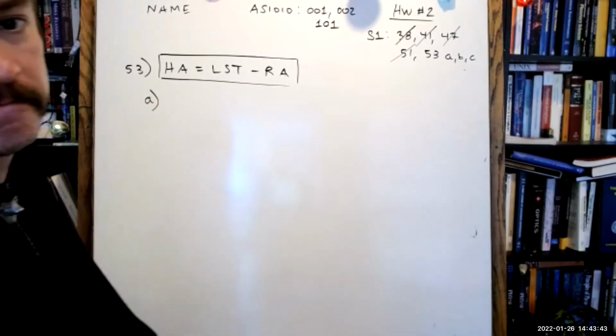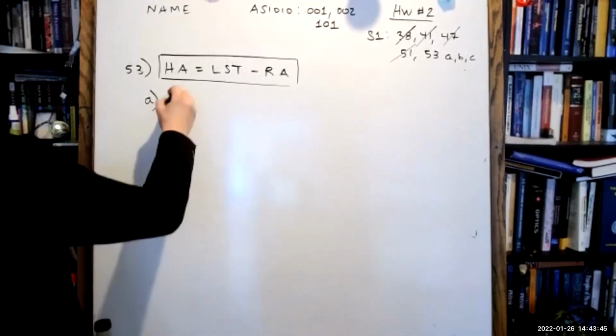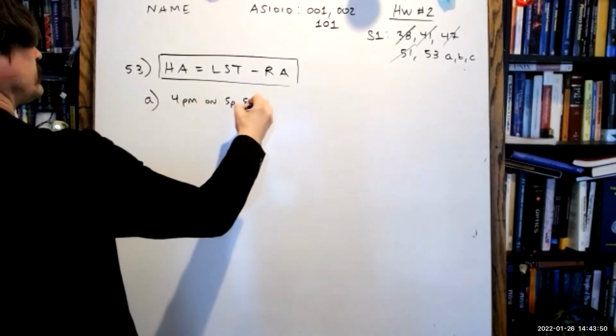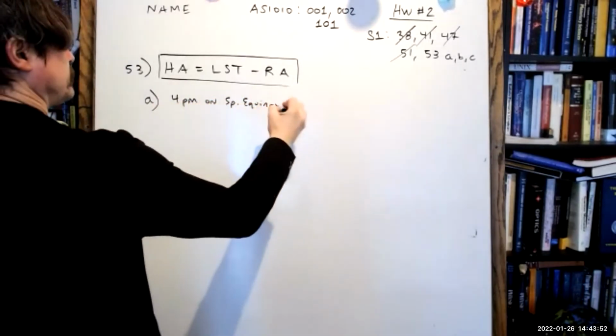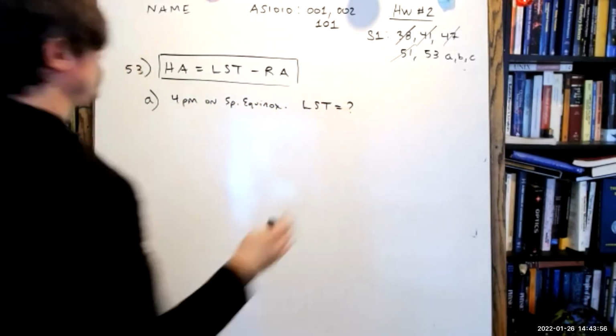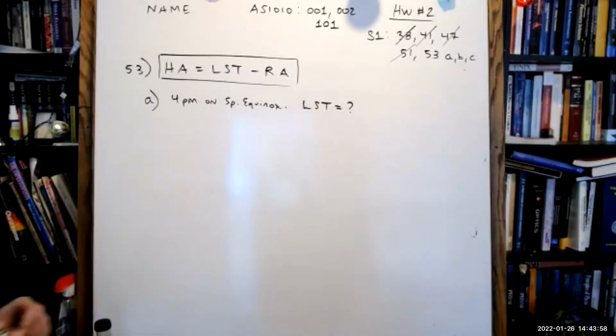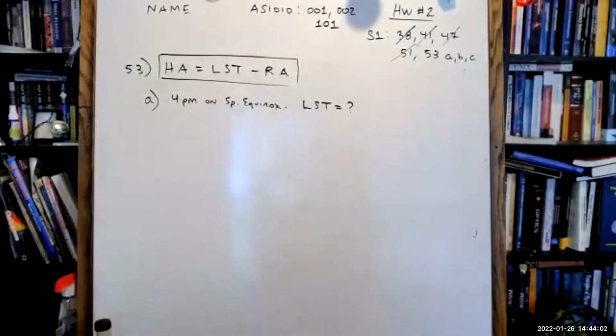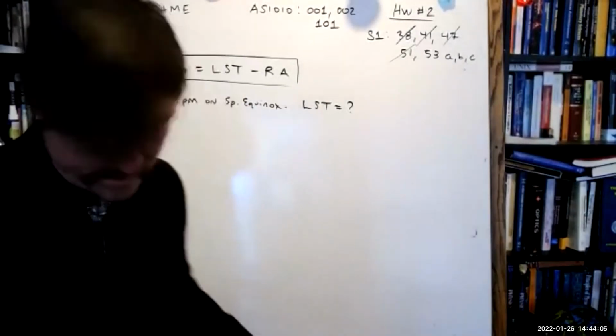All right, game, part A. Okay, it is 4 p.m. on the March equinox. What is the local sidereal time? Let's see. On the spring equinox, the sun is on the spring equinox. Strange but true.